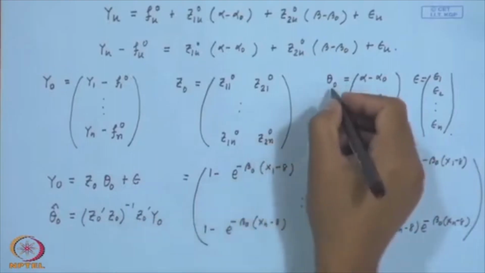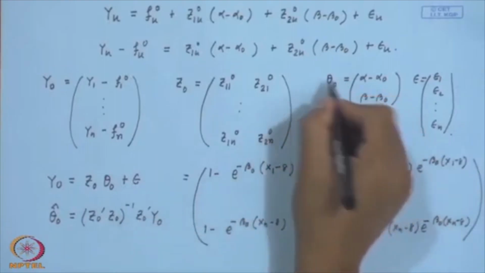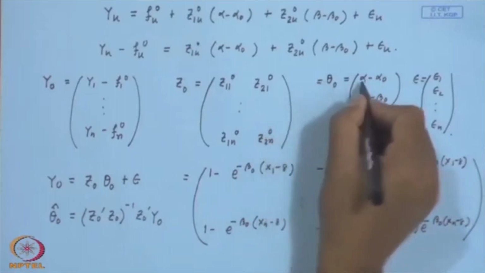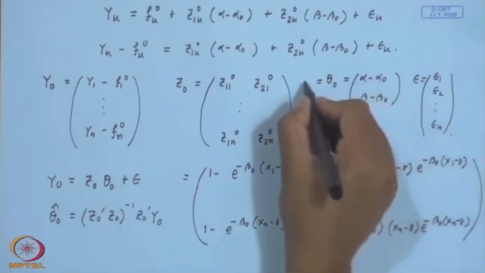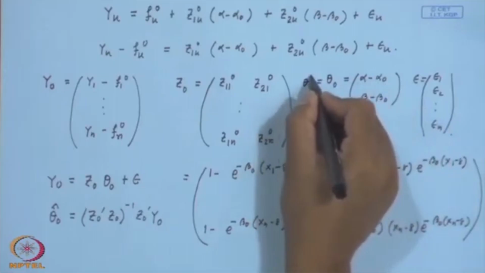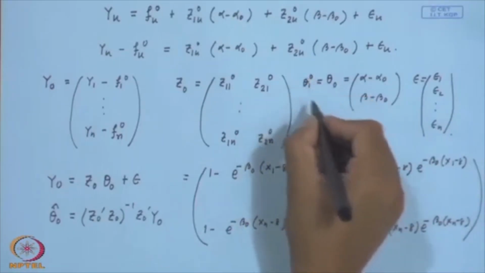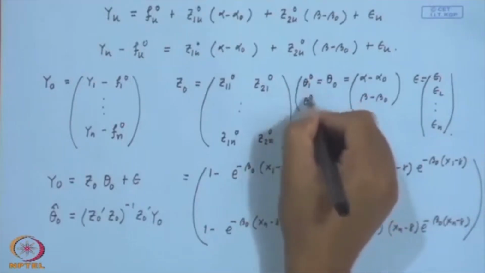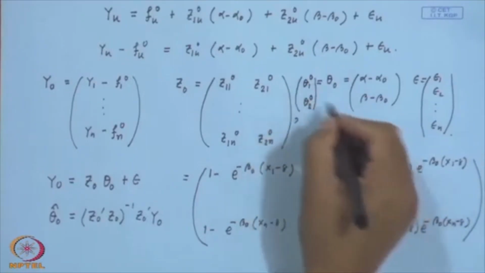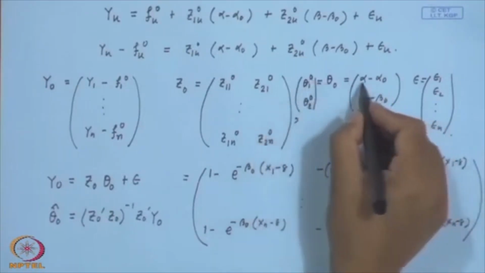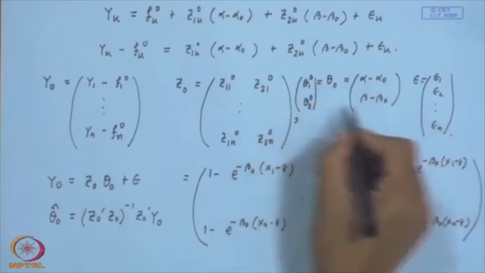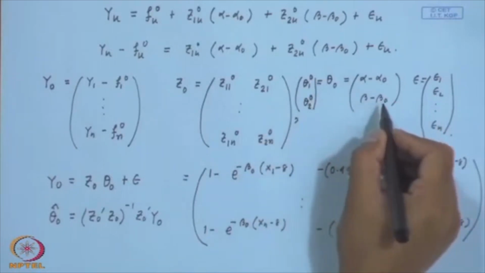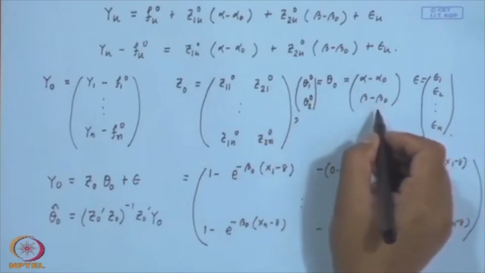Okay. So, let me put some more notation also. I will call alpha minus alpha naught theta 1. In fact, too many notations for this nonlinear estimation. So, theta1 naught is basically alpha minus alpha naught, theta2 naught is basically beta minus beta naught.